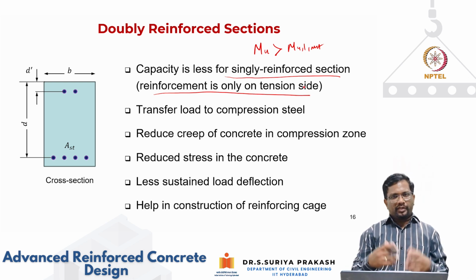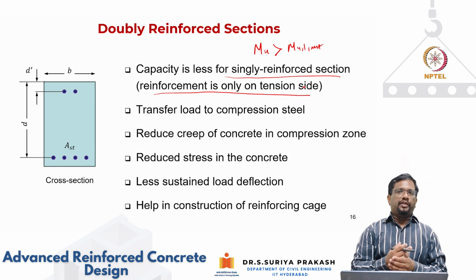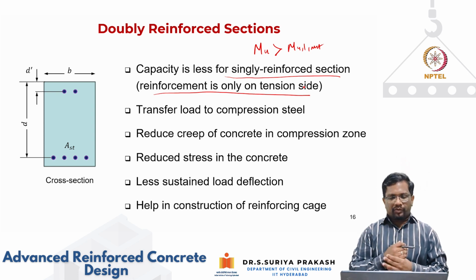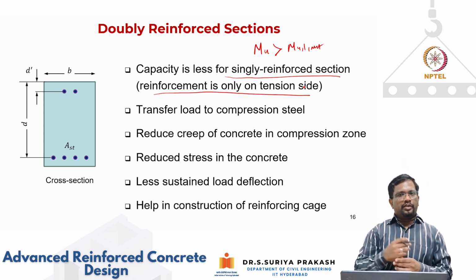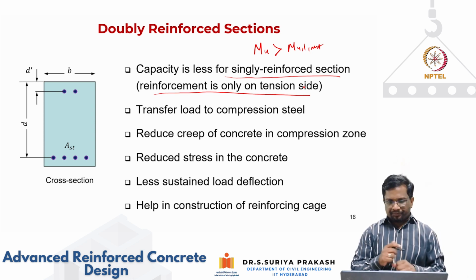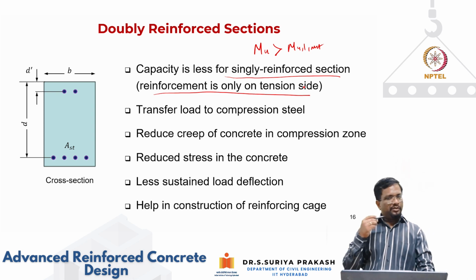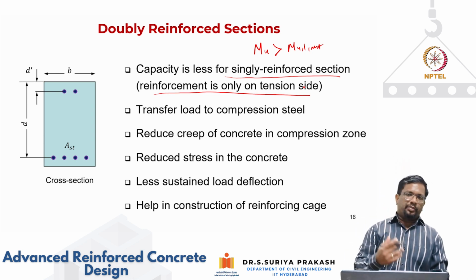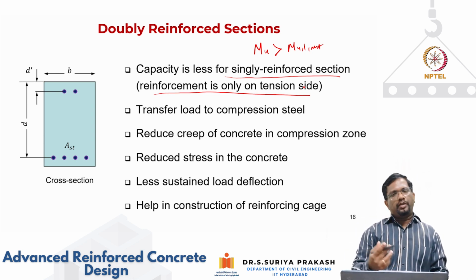In that case, I cannot put more steel than your Ast limit or pt limit that we have discussed in the previous case, but then your steel will not reach its minimum required yield strength. Then in that situation, the only way we can achieve capacity is to go for a doubly reinforced section.